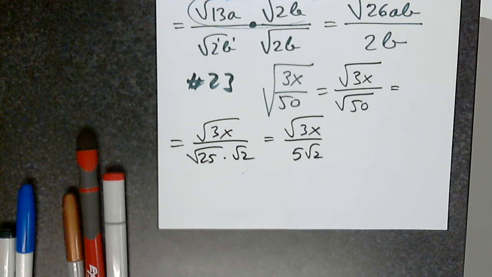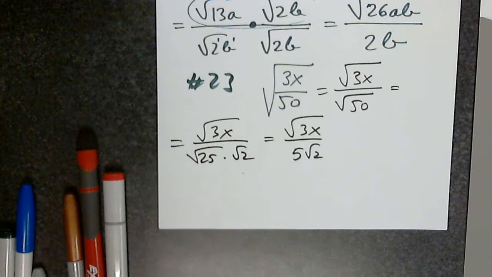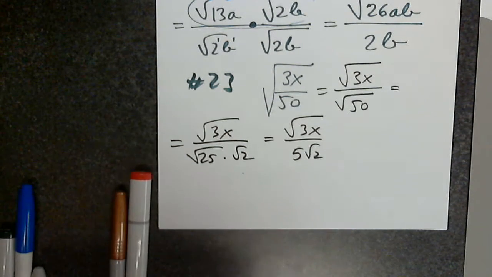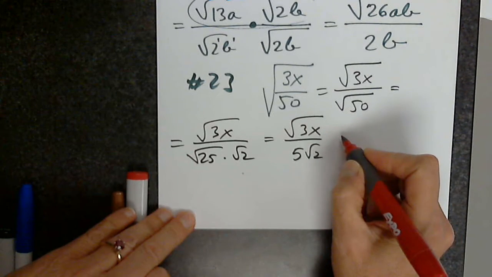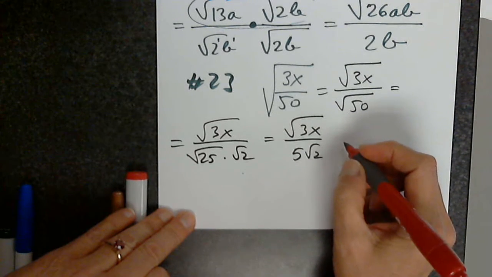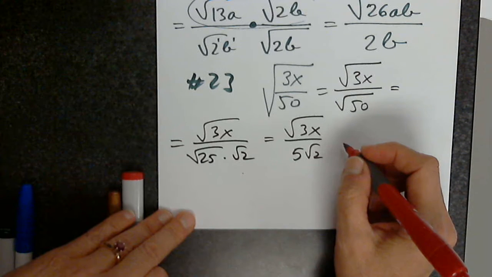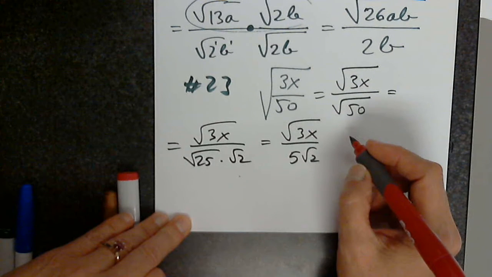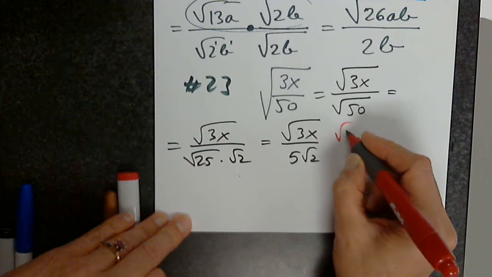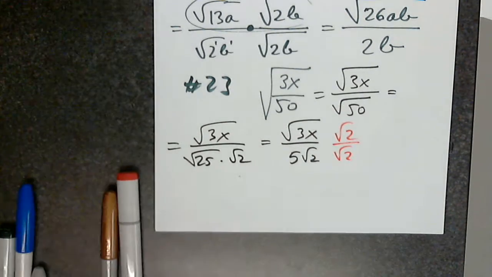5 does not need to be rationalized. 5 is rational already. So what will I multiply and divide by then? Just the portion that needs to be rationalized. I'm not going to rationalize 5 because 5 is not irrational.